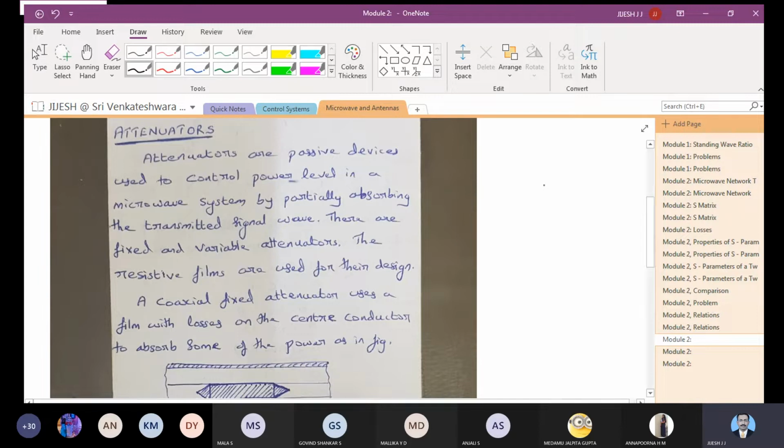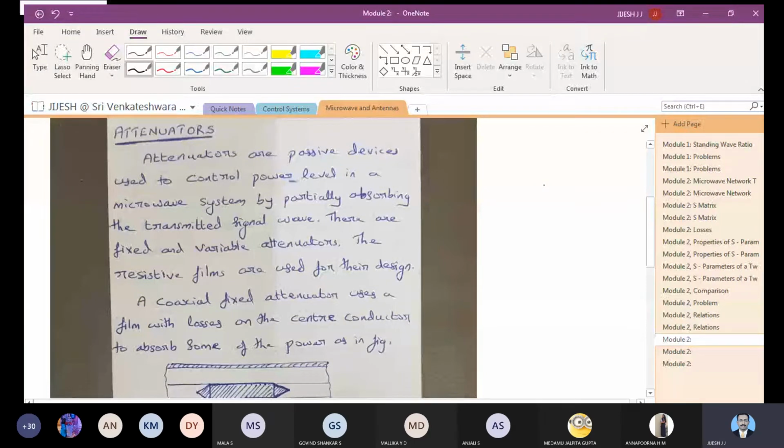Like with the flow of water, you may have seen that stoppers are there. In some places you want to completely deviate the signal to some other point and you don't want any signal to pass through. In the same way you can stop the entire flow of water, or the entire flow of the signal in the transmission line, or you can deviate the signal, or reduce the transmission strength or the power level.